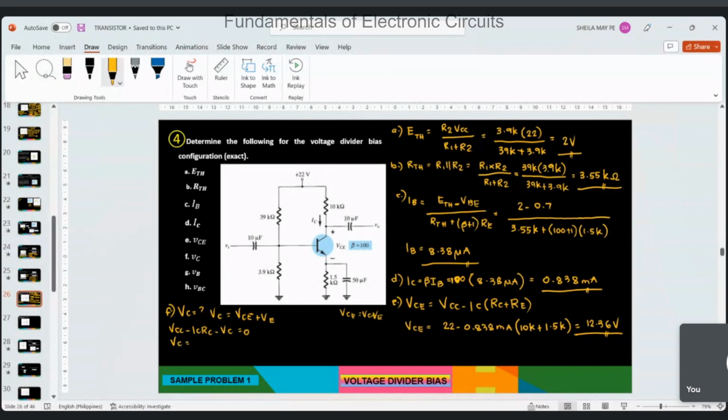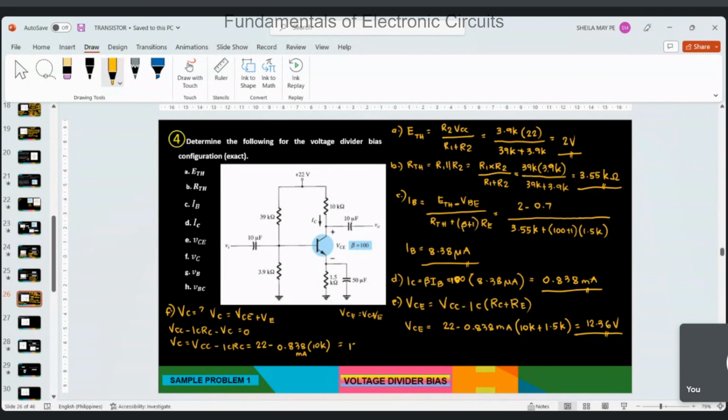So that's VCC ICRC. VCC would be 22 minus IC at 0.838, RC at 10K. So therefore, atong VC is at 13.62.